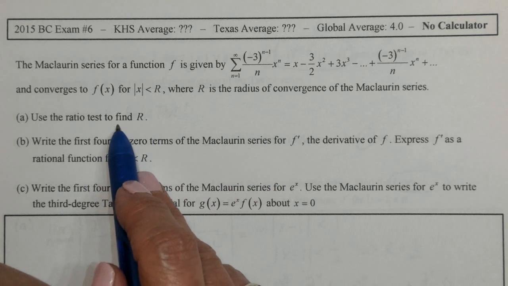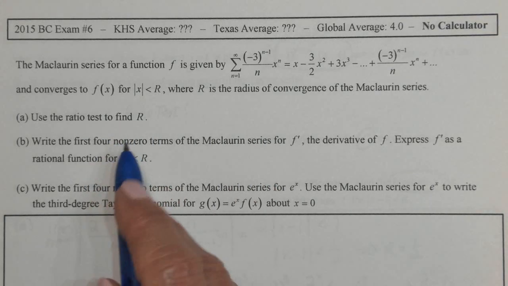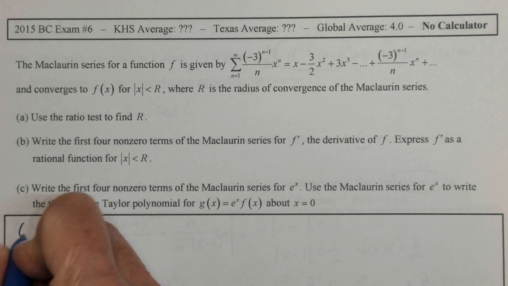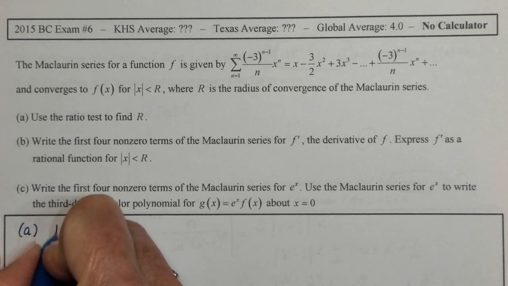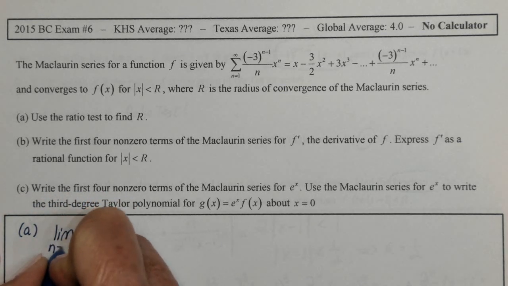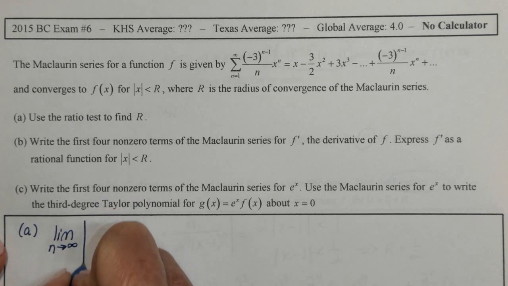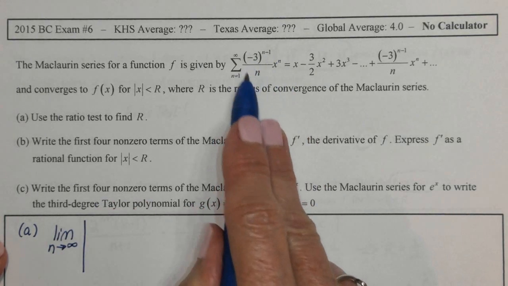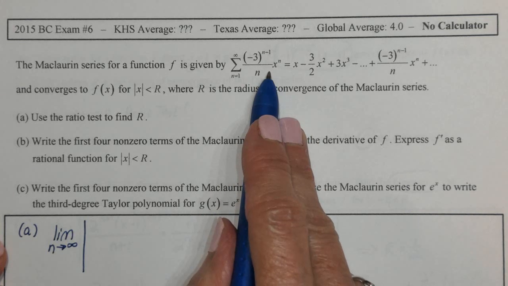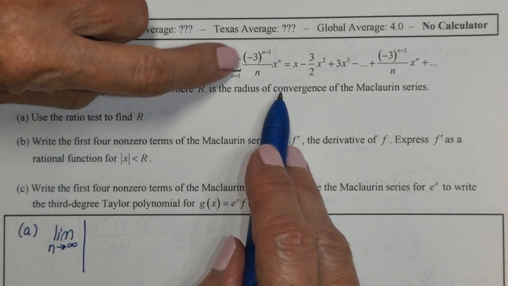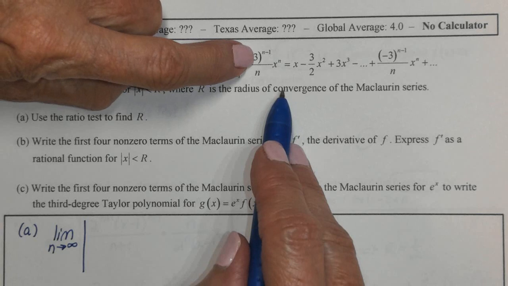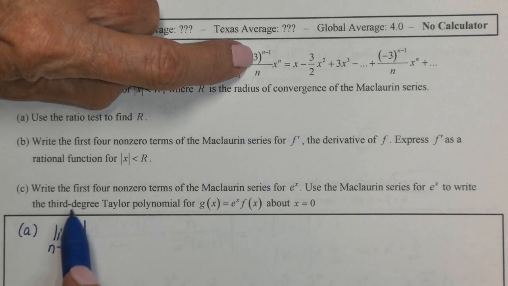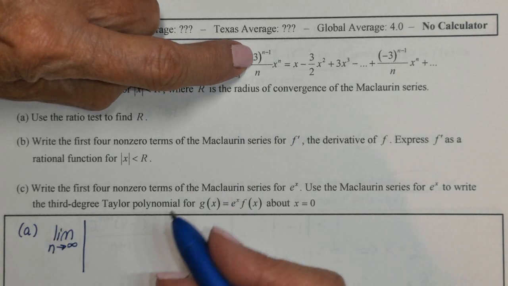Part A, once again, is use the ratio test to find r. So I'm going to set up the ratio test. It starts with a limit. I go to my general term, replacing every n with n plus 1. This negative here, I'm not going to put in because of the absolute values. It will just muddy it.